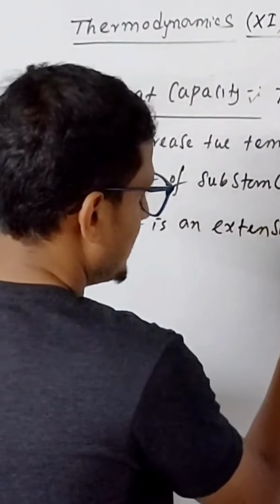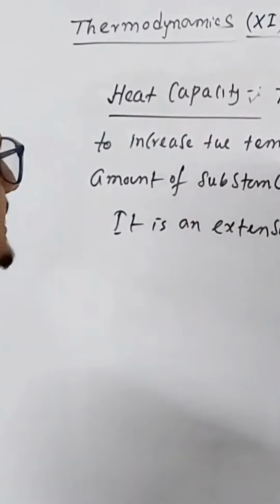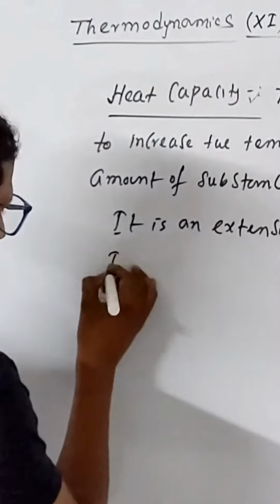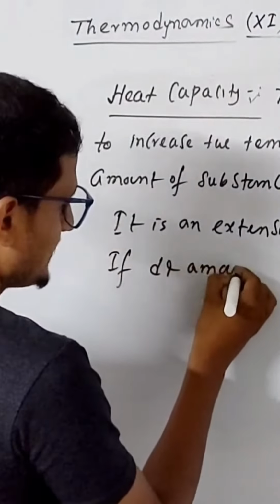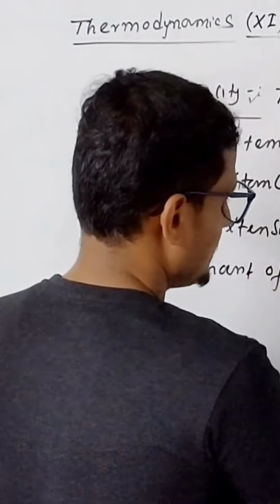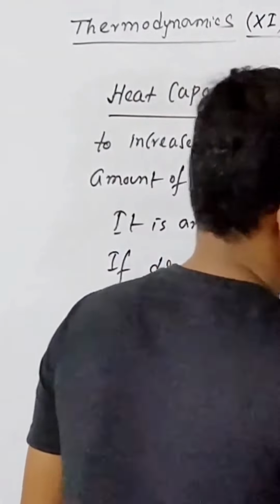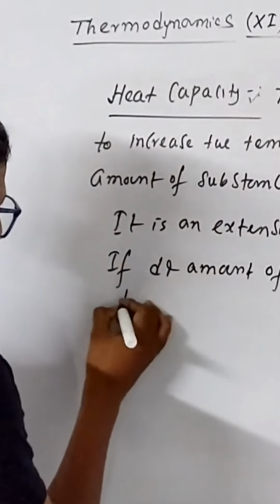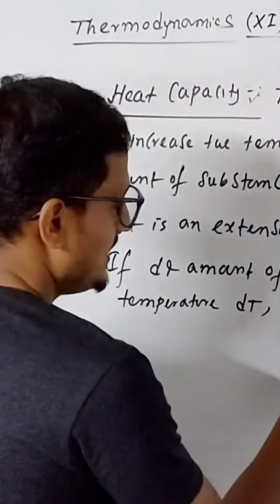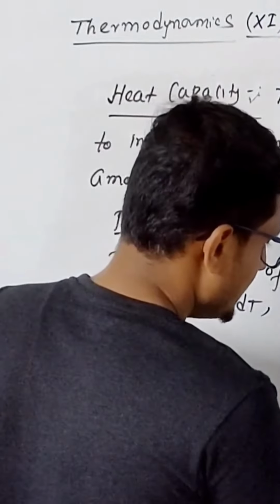It is an extensive property, very important, and it is denoted by C. If dq, a very small amount of heat, is required to increase the temperature by dT, then C, which is the heat capacity, equals dq by dT.